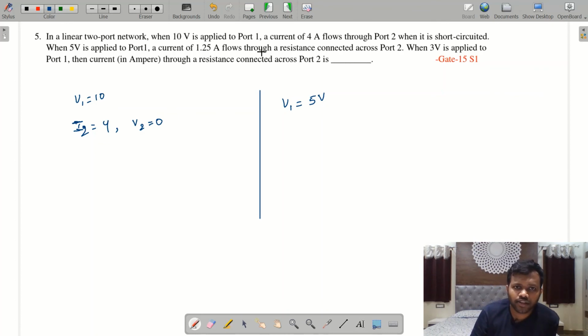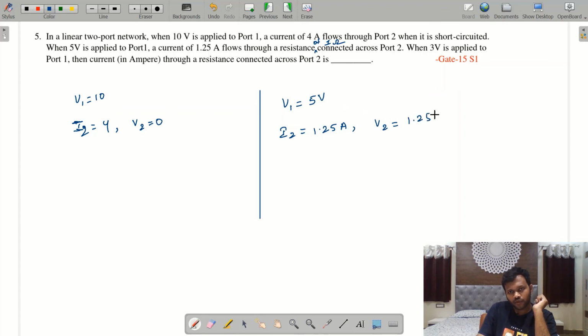I think the resistance value is missing here. So I2 equal to 1.25 amperes, and when 1.25 amperes flows through 1 ohm, V2 will be equal to 1.25 volt. The resistance value is missing in both.